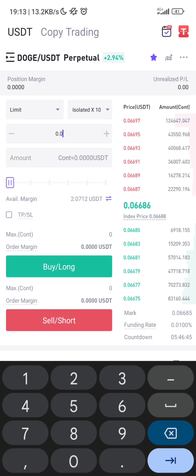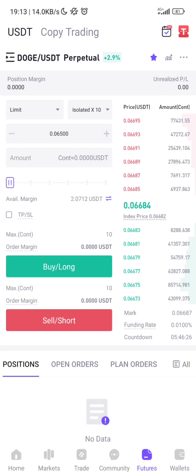I want the price to go below this current market price, so I'll say buy Doge at 0.065, right? That's the limit order I'm placing. So it's going to wait till it comes down to this point.